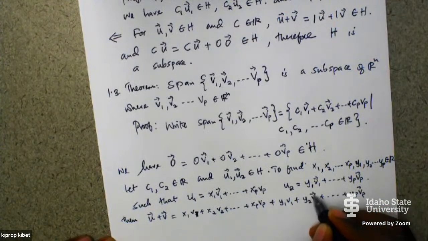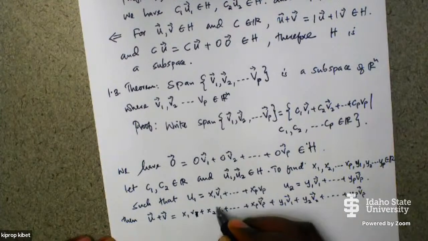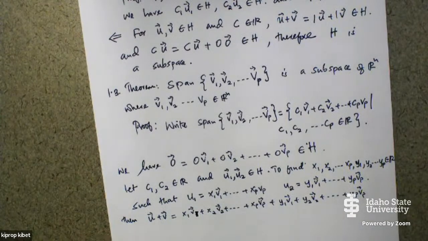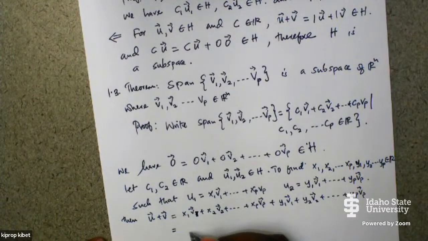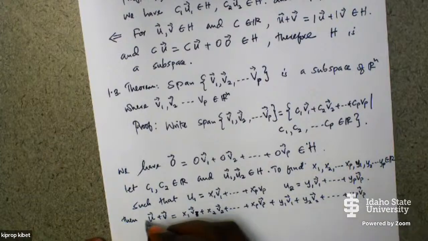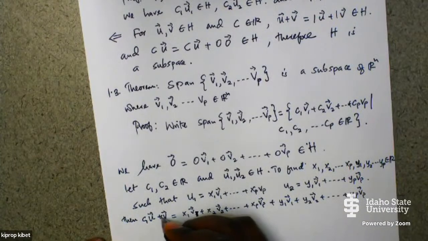All those are vectors. Then when we collect the like terms, we put c1 here and c2 there.